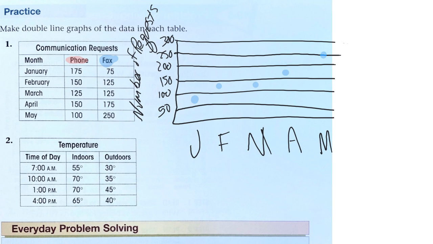We can plot all of the dots for the phone request, and those are in red. January is 175, and then 150, and then 125, and then 150 in April, and 100 in May. All right, now we can connect.